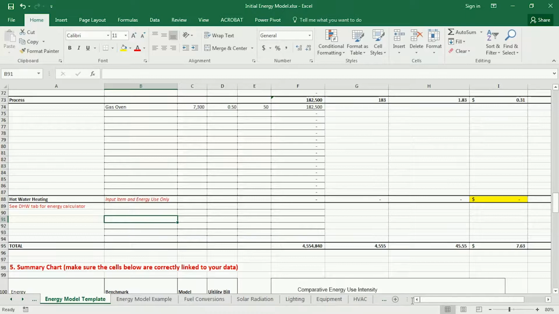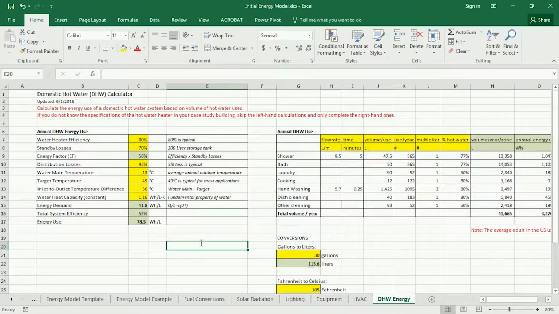So there is a domestic hot water tab, DHW by the way stands for domestic hot water. And if you come over to here, you can see yet another rule of thumb calculator for figuring out how much hot water you use and how much energy that hot water uses.